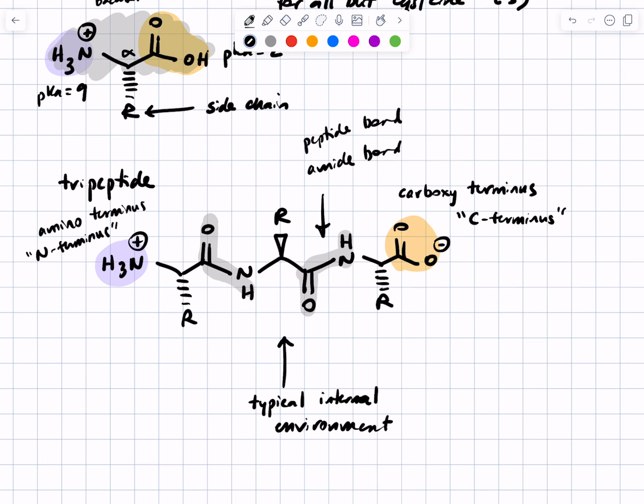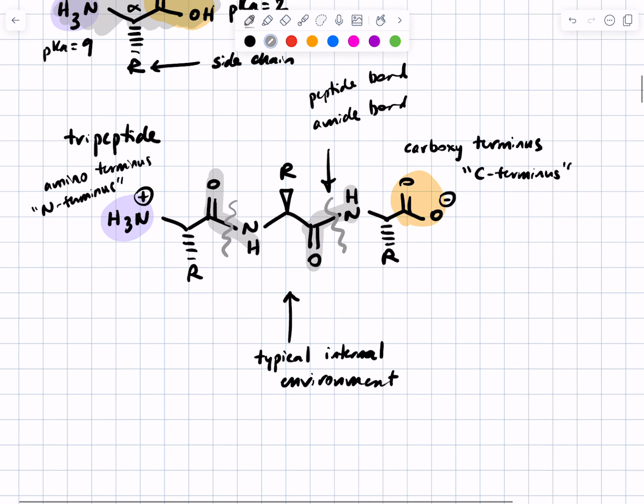And these amide bonds divide the peptide into its individual subunits. So I'll have a squiggly line here and a squiggly line here that separates amino acid 1 from amino acid 2 from amino acid 3.